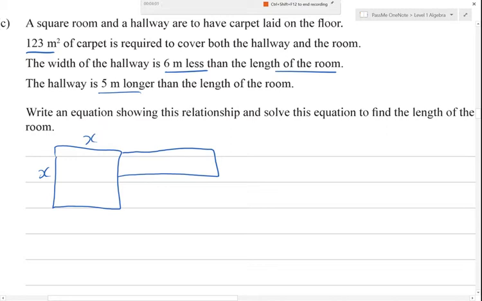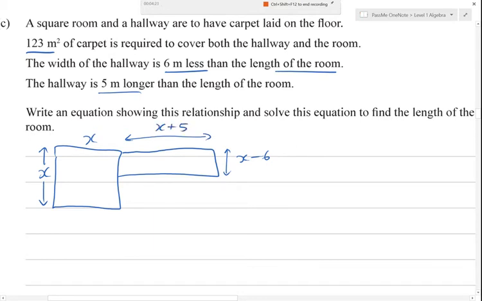But I do know that the width of the hallway is 6 meters less than the length of the room. So if this is x meters long, then this length is 6 meters less than that, which is x minus 6. And we're told that the length of the hallway is 5 meters longer, so that's going to be x plus 5.